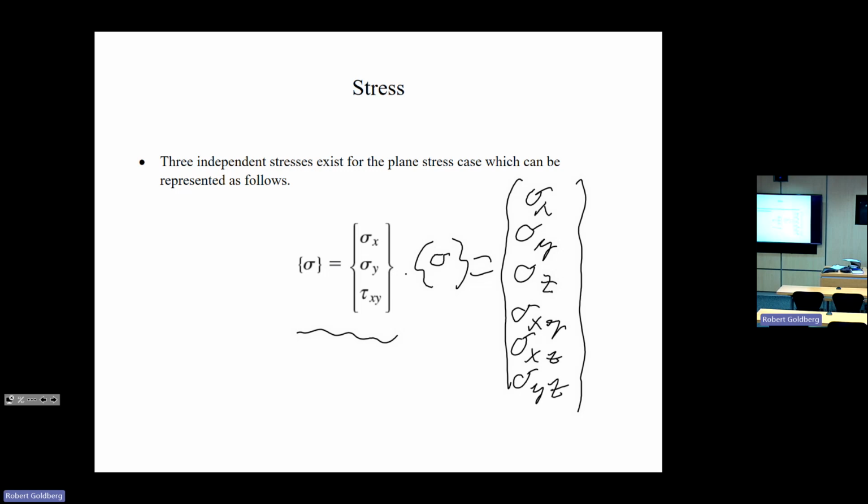And you'll see sometimes me, along with other people, will switch back and forth. Sometimes you'll see x, y, z as your subscripts. Sometimes you'll see 1, 2, 3 as your subscripts. Just always remember, x is equivalent to 1, y is equivalent to 2, z is equivalent to 3. So as I said, me and lots of other people will switch back and forth. So, any questions to this point?